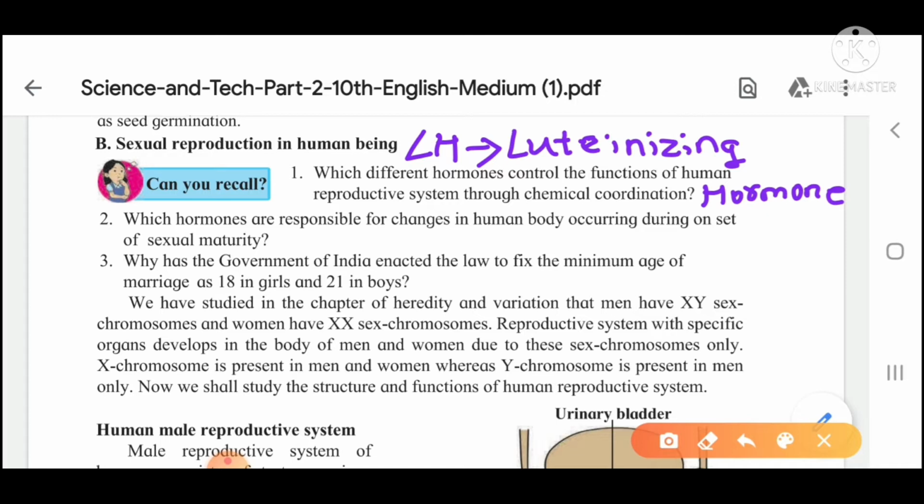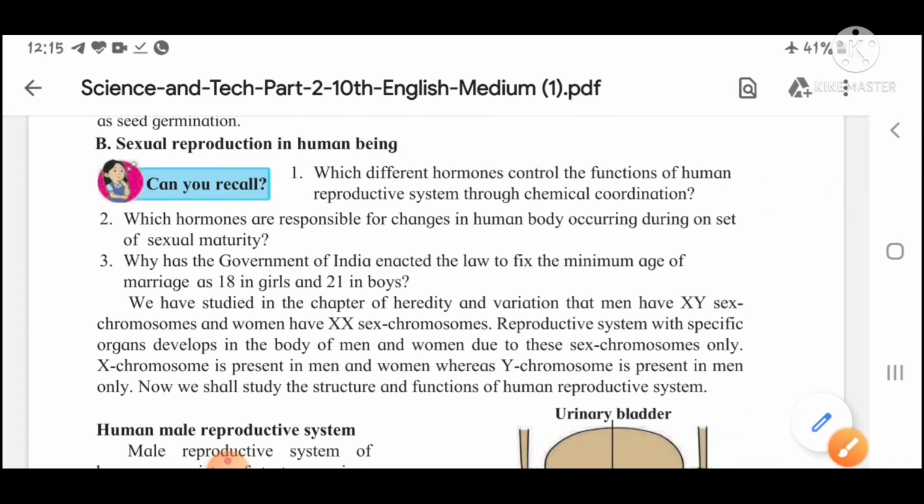Luteinizing hormone. So these are the two hormones, FSH and LH, for the human reproductive system through chemical coordination. So for the time being you can remember these names of the hormones. Okay, we'll move further now.